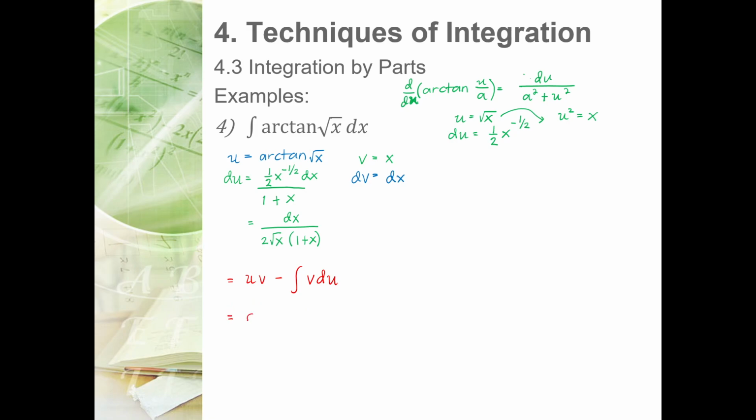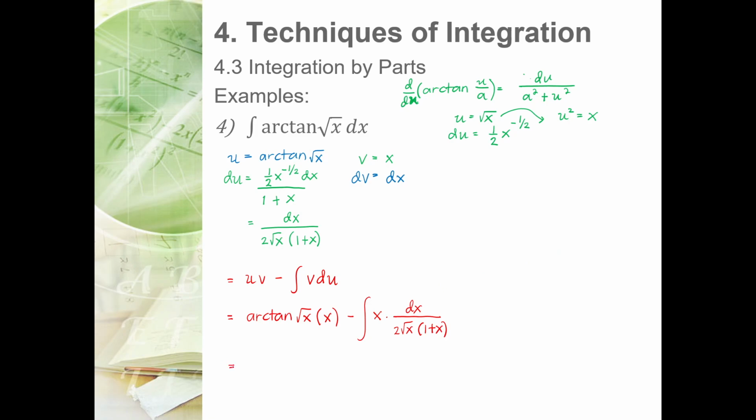That will be arctangent square root of x times x, minus the integral of v du, that is x times dx all over 2 square root of x times 1 plus x.